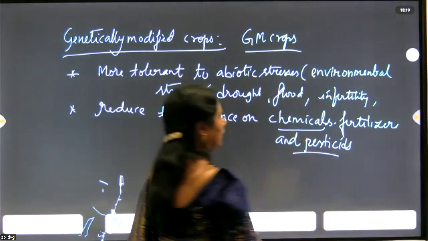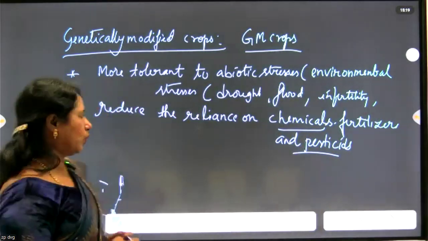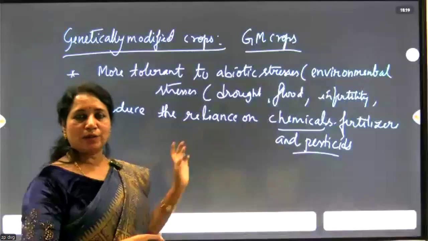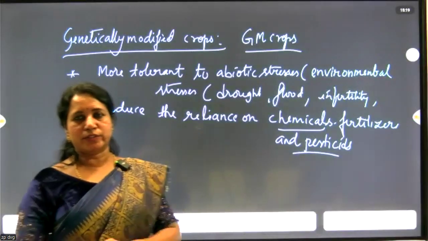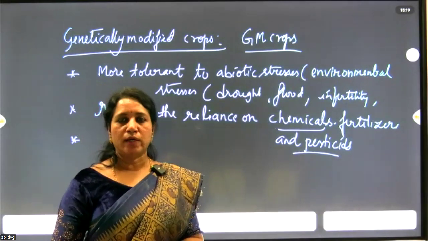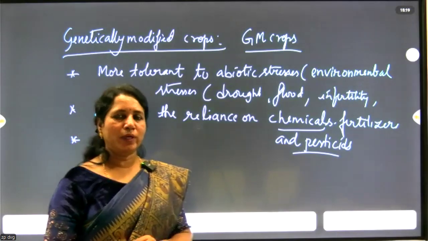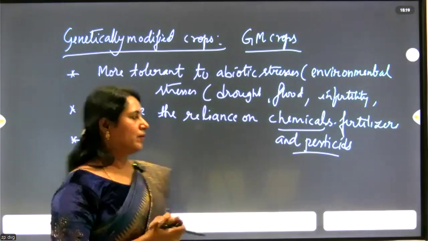They don't need any chemical fertilizers or pesticides. They can grow. Reliance means these plants do not depend on chemical fertilizers or chemical pesticides or insecticides. They don't need pesticides, they grow even with less water. Whatever the environmental condition, they can survive.